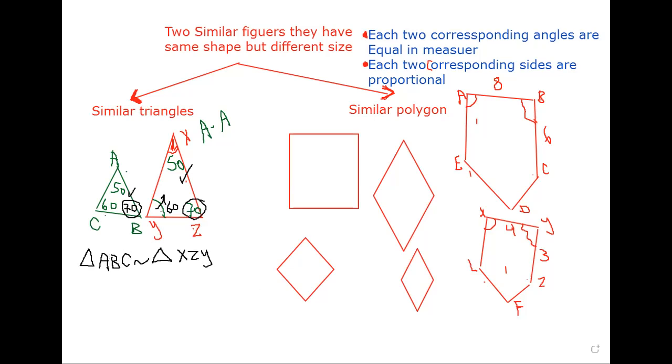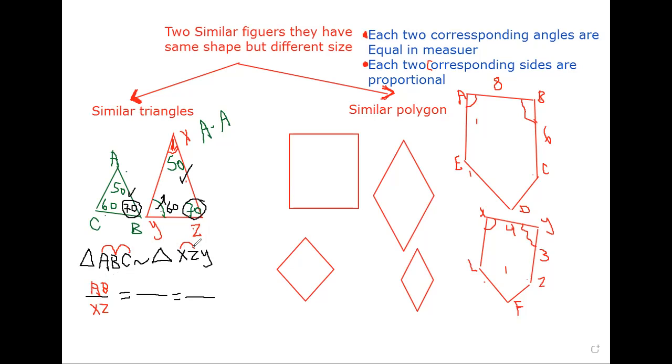Once you proved that the two triangles are similar, we can write the sides which will be proportional. How will we write the sides? It will be AB over what? Over XZ. What is the second proportion?